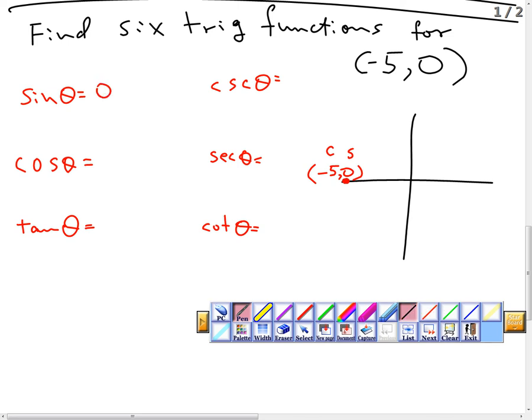So if we put that 0 over 1, its reciprocal would be what? Cosecant. Undefined, very good. Because that would be 1 over 0. So that's undefined. Okay? Cosine, what would that be? Harley?